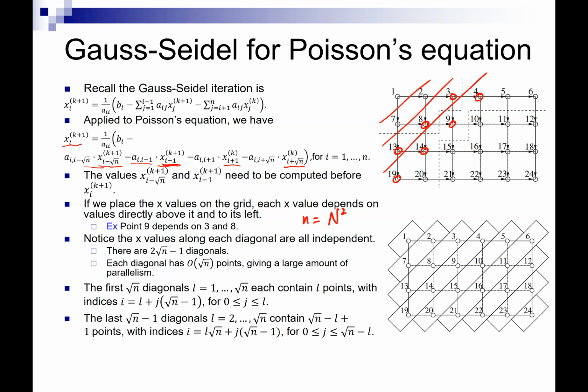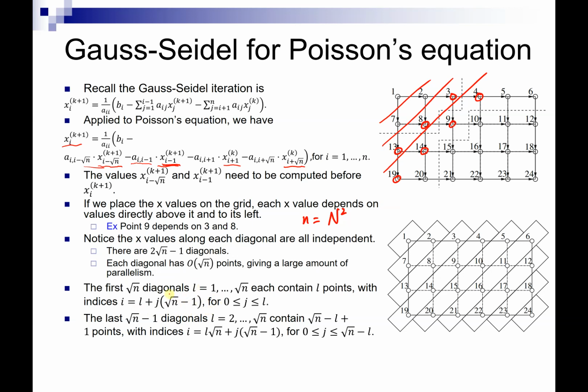Let's say each of the diagonals has L points. The different diagonals actually have different numbers of points. Initially the number of points increases, so you have 1 point and then 2 points and so on, but then eventually they start to decrease. So there are 2 phases to these diagonals: they first get larger and then they get smaller. In the first phase, these are the indices of the points that we need to look at.